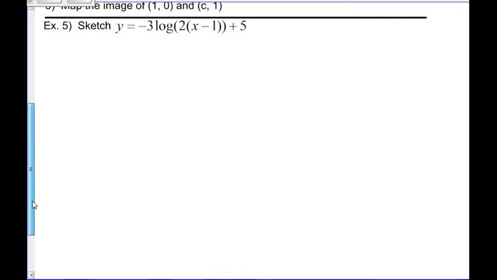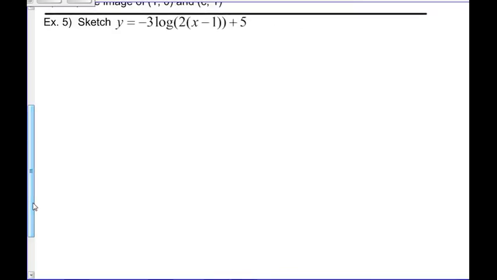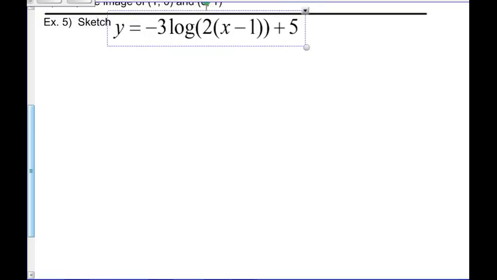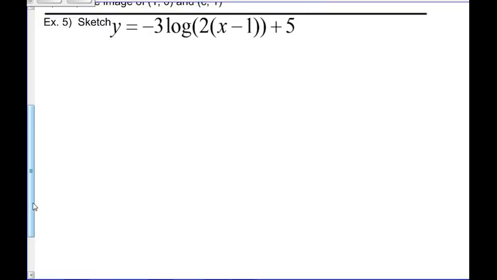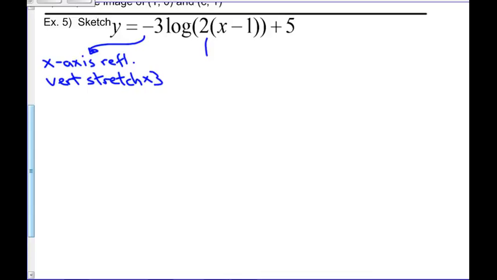I think we'll need some space. So here we go. y equals negative 3 log of (2x minus 1) plus 5. Okay, let's start cataloging what's happening. A negative here, that's an x-axis reflection. Okay, and it's also got a vertical stretch by a factor of 3.